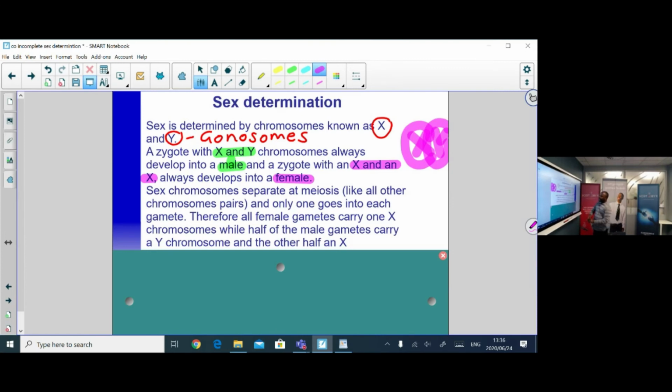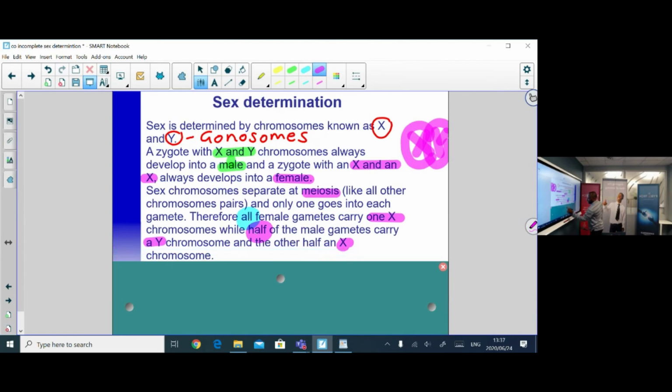Therefore, all female gametes carry one X, while in males, half of the gametes carry X and the other half carry Y. Take note.